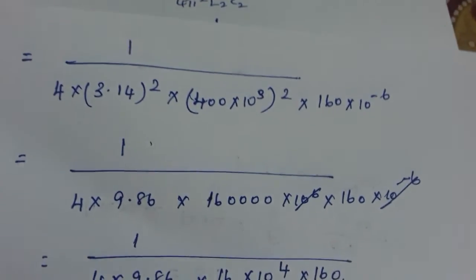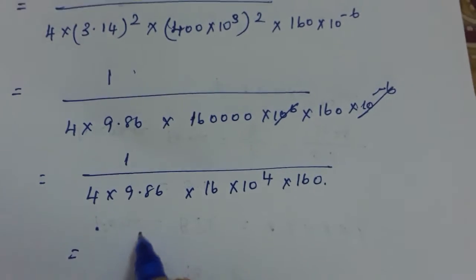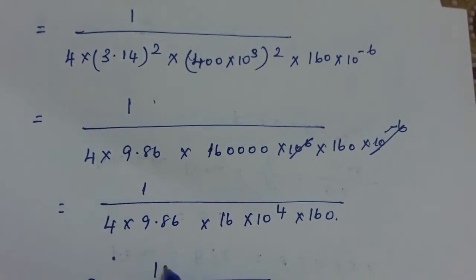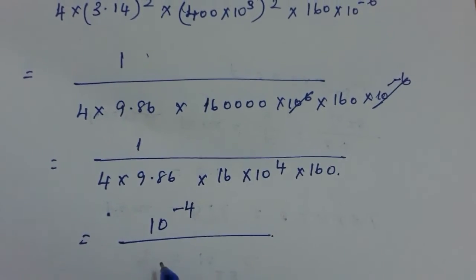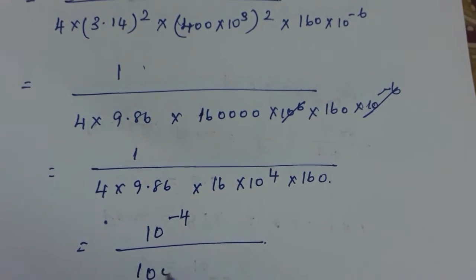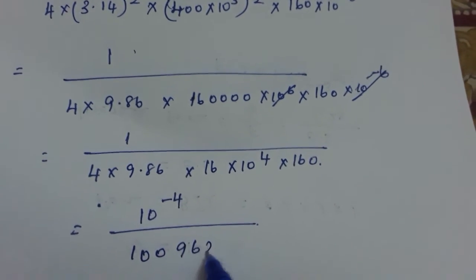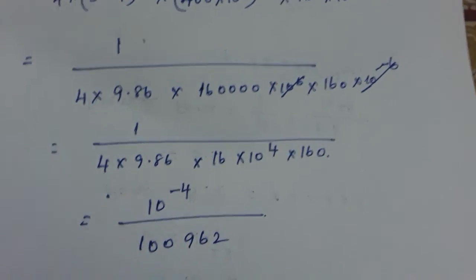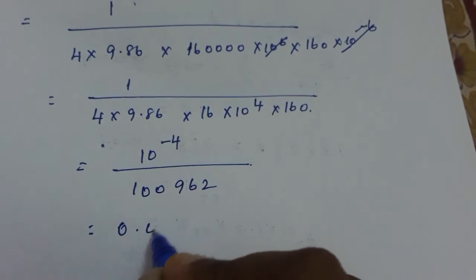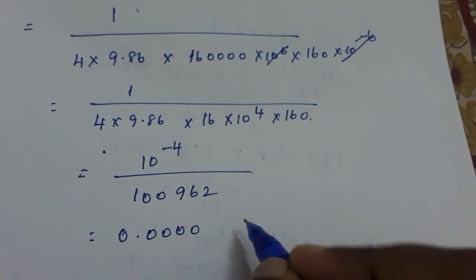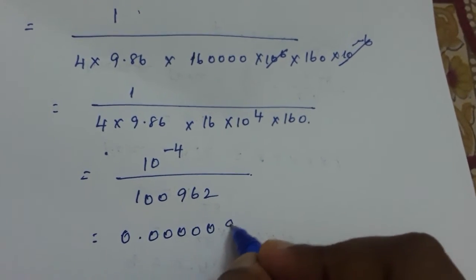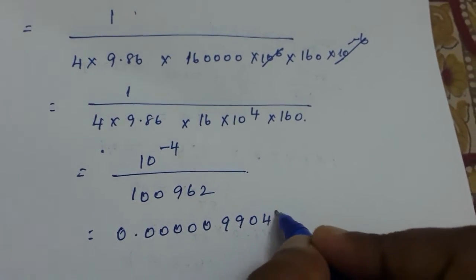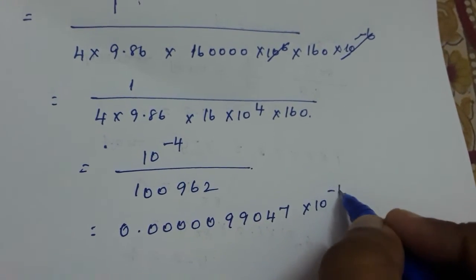If you multiply this value, you will be getting 1 by 100, 962 into 10 raised to minus 4. When you divide 1 by this value, you will be getting 0.99047 into 10 raised to minus 4.